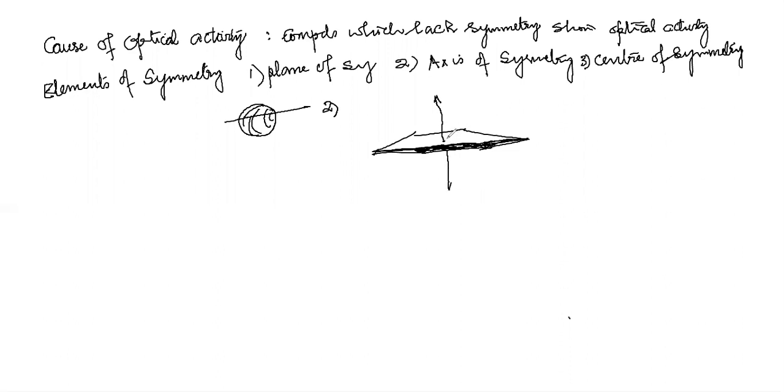and if you rotate this benzene ring along this axis, every 60-degree rotation gives you the identical molecule as before.